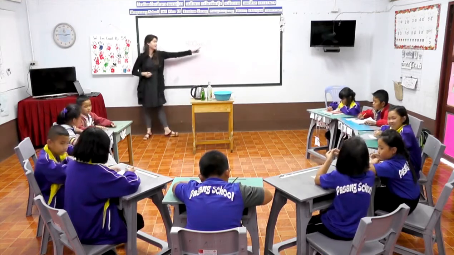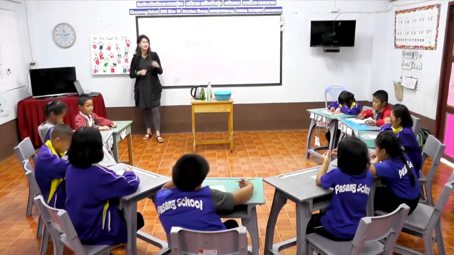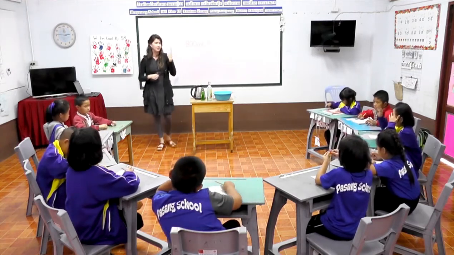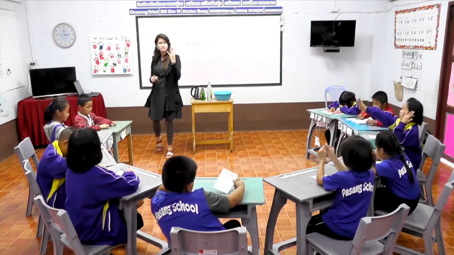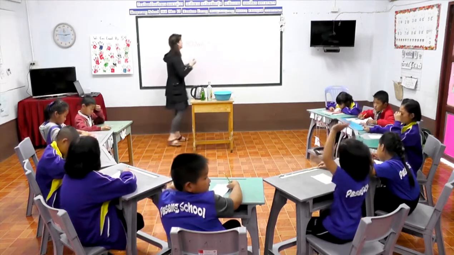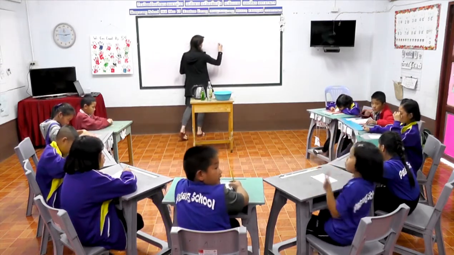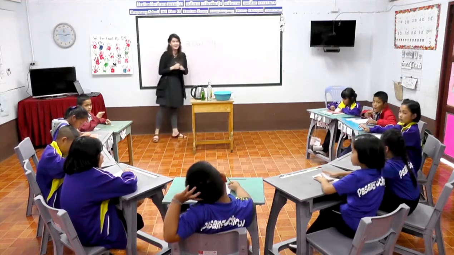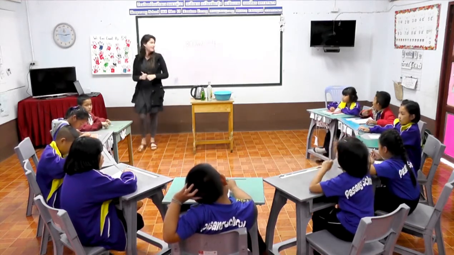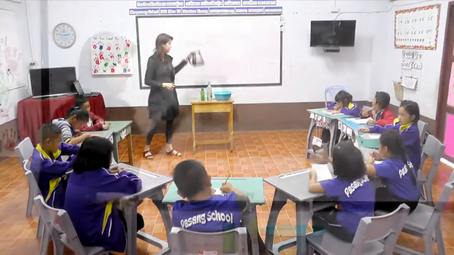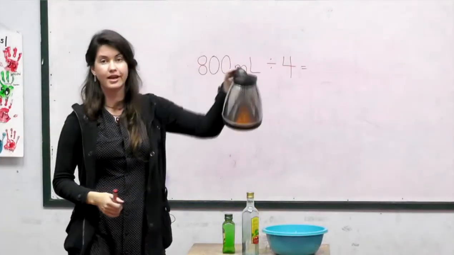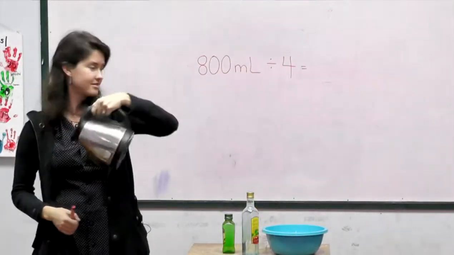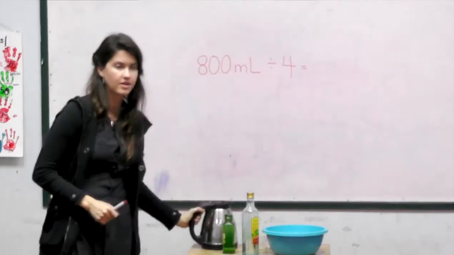How many friends do we divide by? 4. Think about that answer, friends. 800 milliliters of tea that we're going to share with 4 friends.